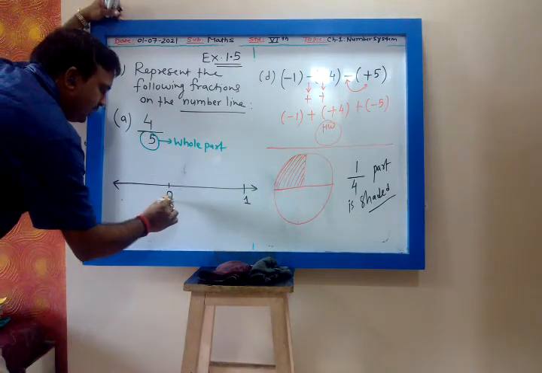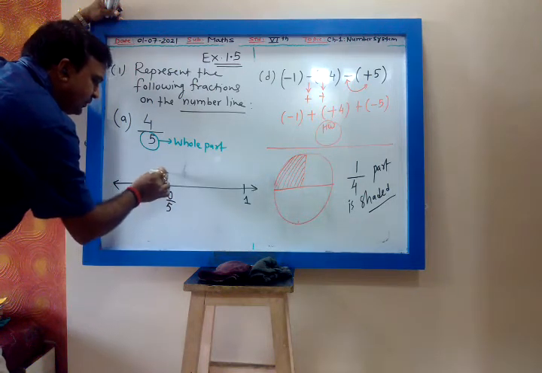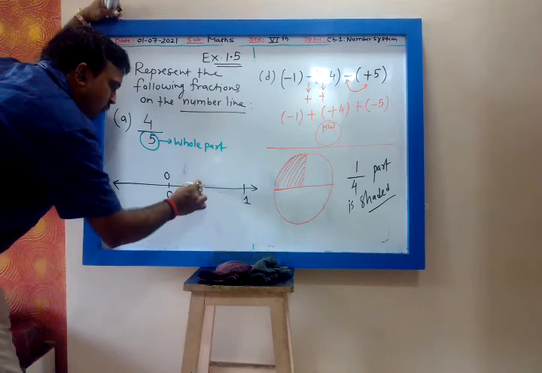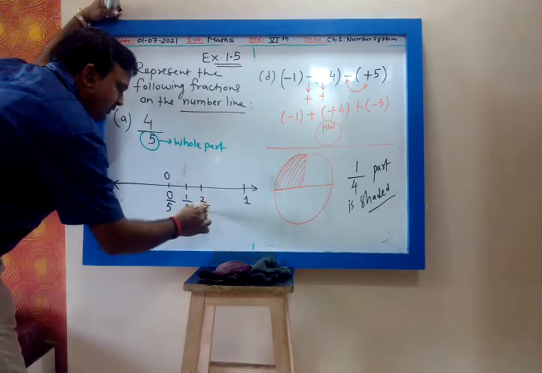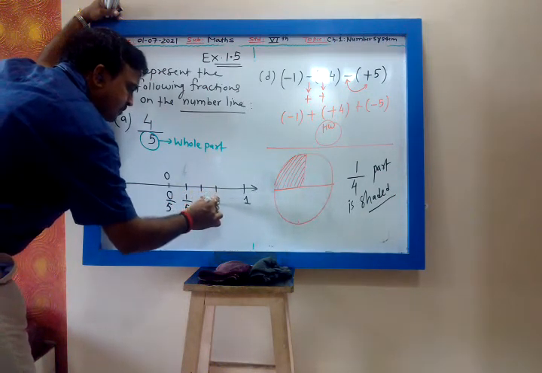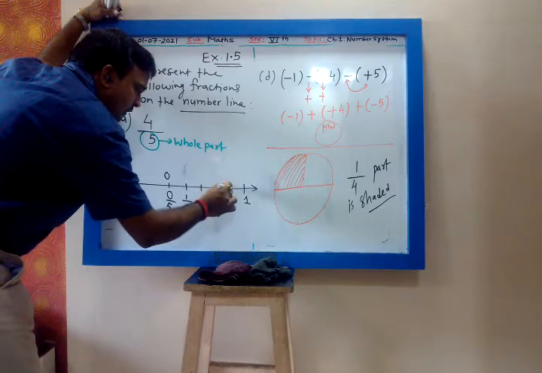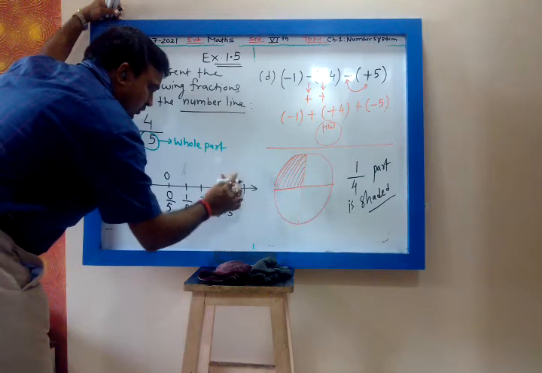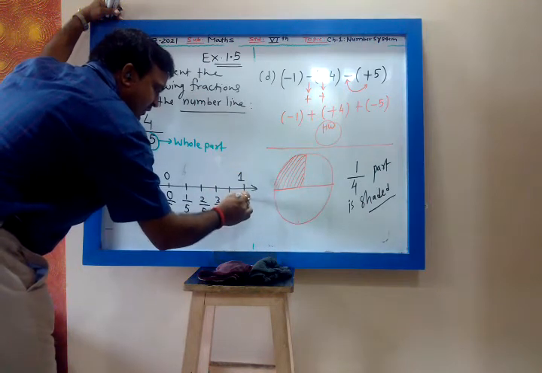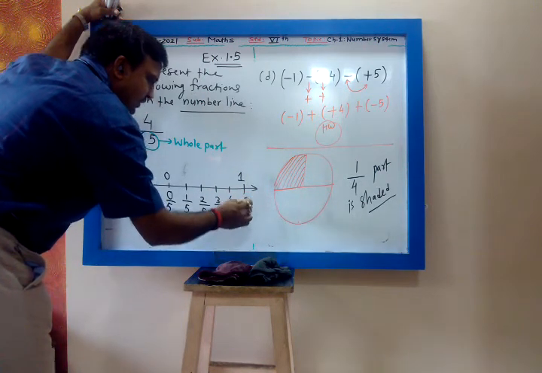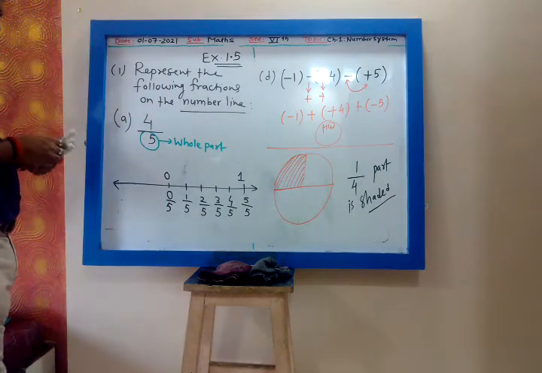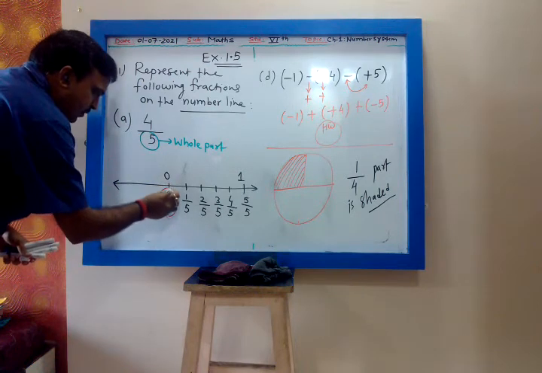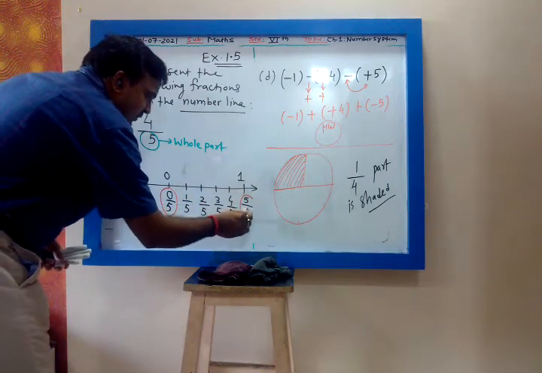So this is 0 upon 5, which will be 0, remember. Then 1 upon 5, 2 upon 5, 3 upon 5, 4 upon 5, and 1 is the same as 5 upon 5. Is it clear? So 0 is the same as 0 upon 5, and 1 is the same as 5 upon 5.